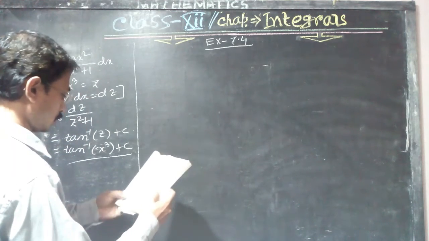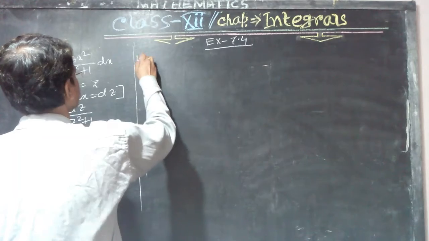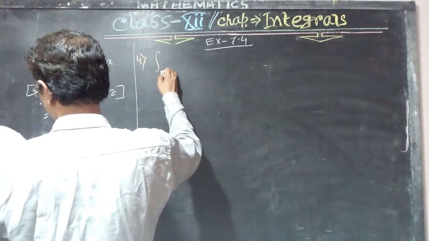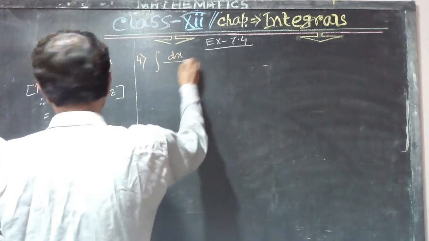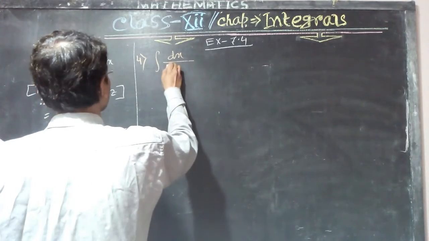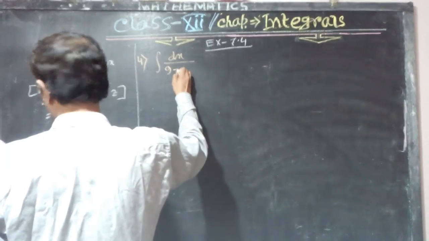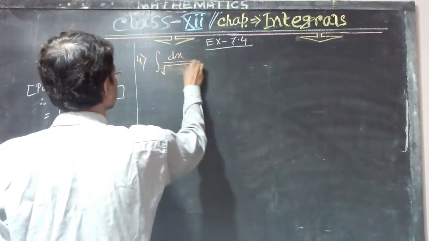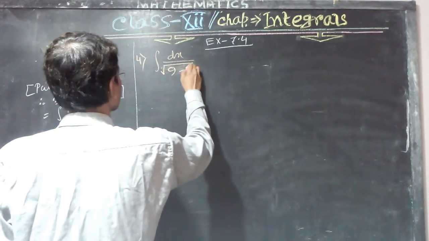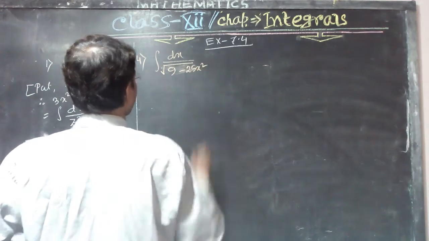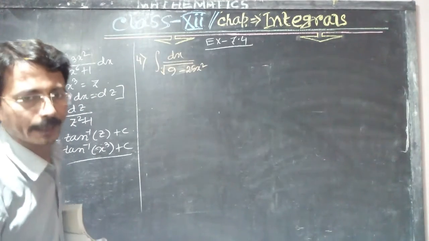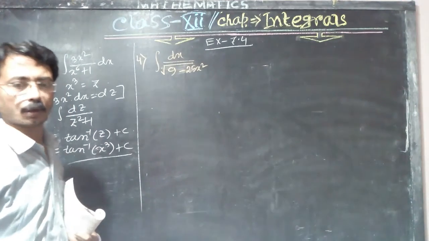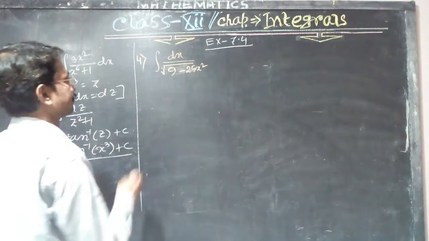Now question number 4, integration dx by root over 9 minus 25 x square. Okay, dx by root over 9 minus 25 x square.